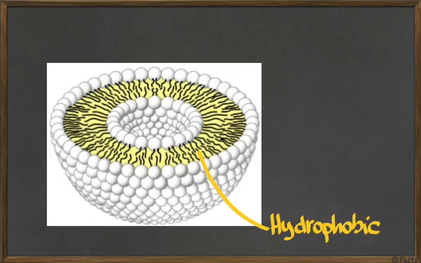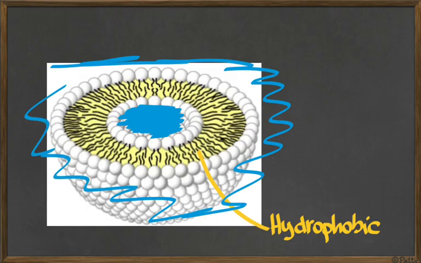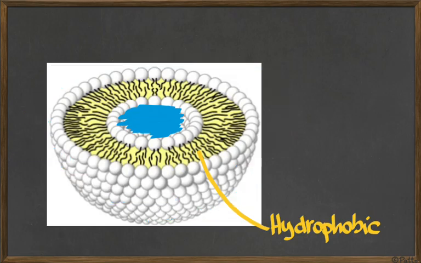If I have this micelle being way too big, what will happen is that water will be here inside, water will be here as well outside, and then the micelle will be a bilayer of phospholipids.